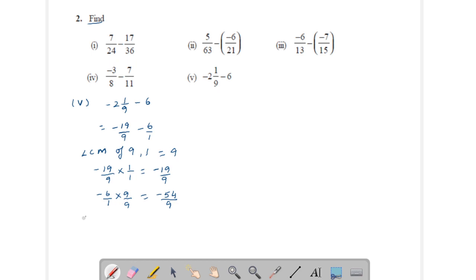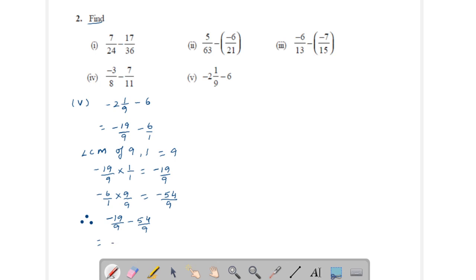Therefore, minus 19 upon 9 minus 54 upon 9.